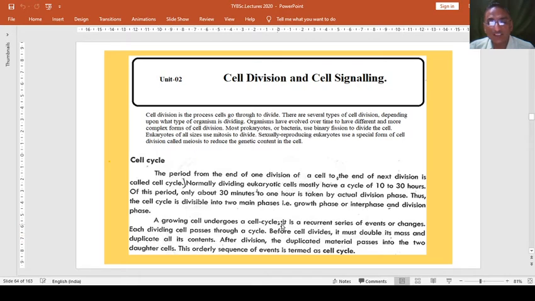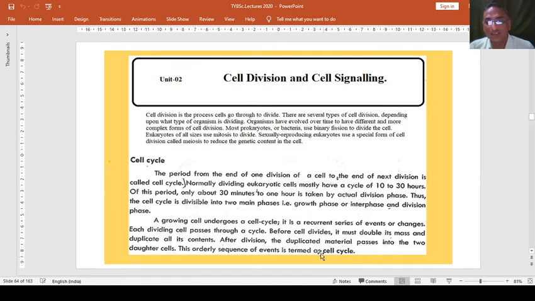Only then can the cell divide, because it requires a minimum amount of contents. Once the material doubles, half passes into another cell, and two cells are formed. After division, the duplicated material passes into the two daughter cells. This orderly sequence of events is termed the cell cycle.